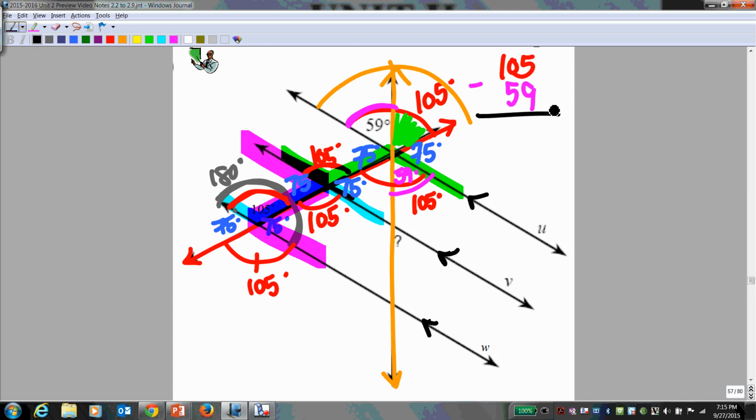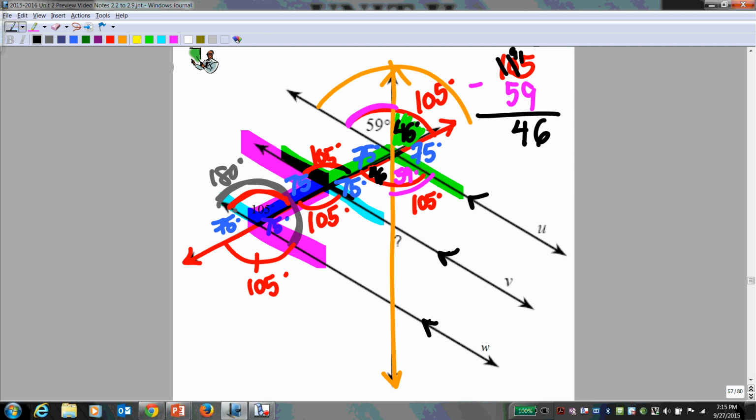Do the math. No, you may not use a calculator. This right here is 46, which means that's 46.